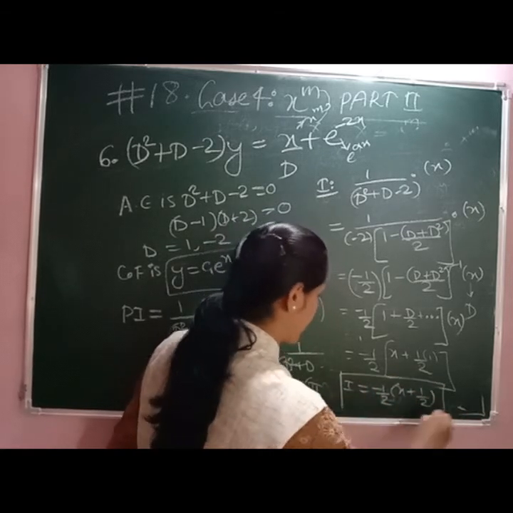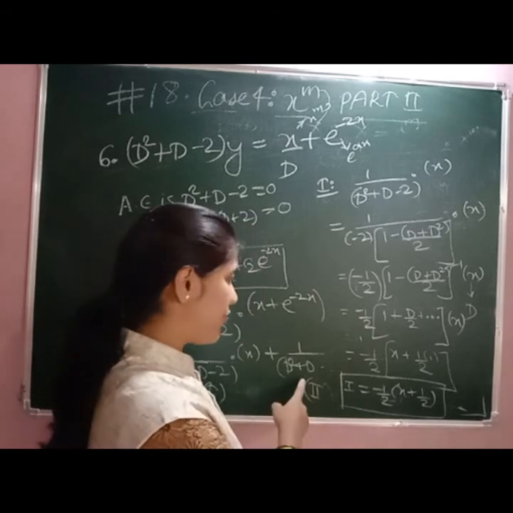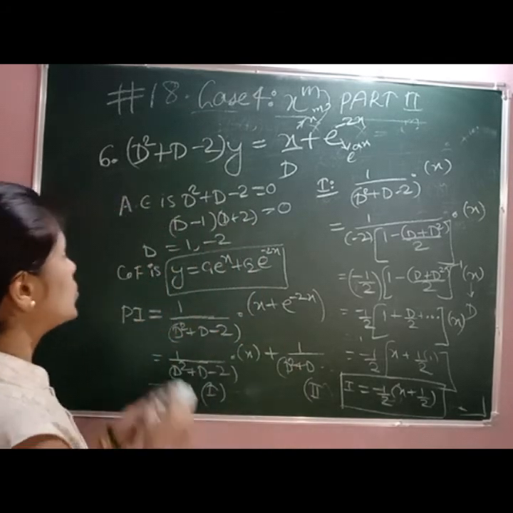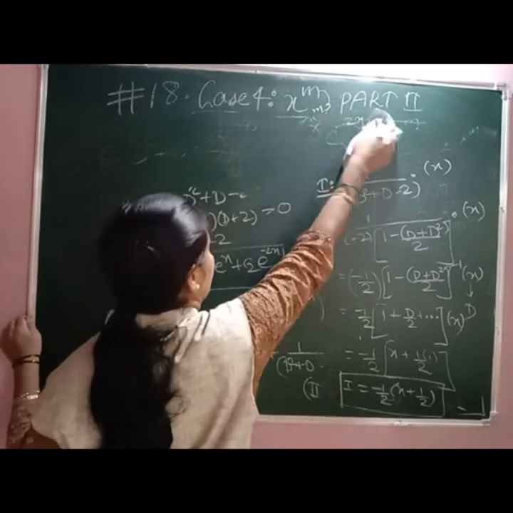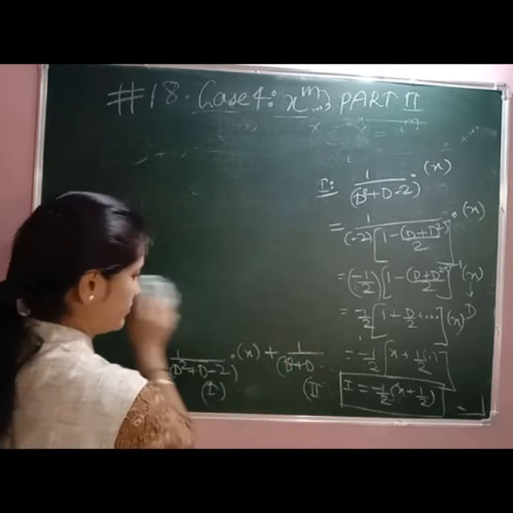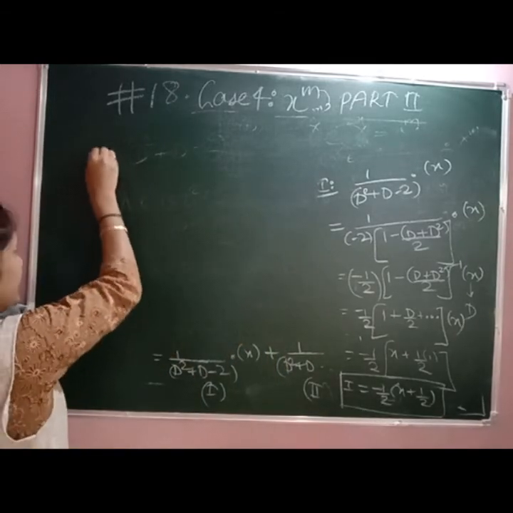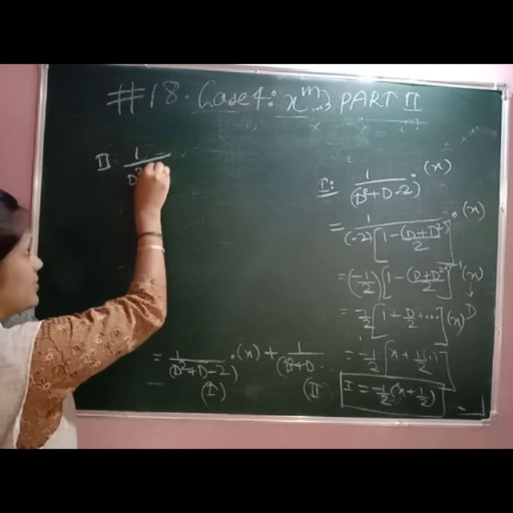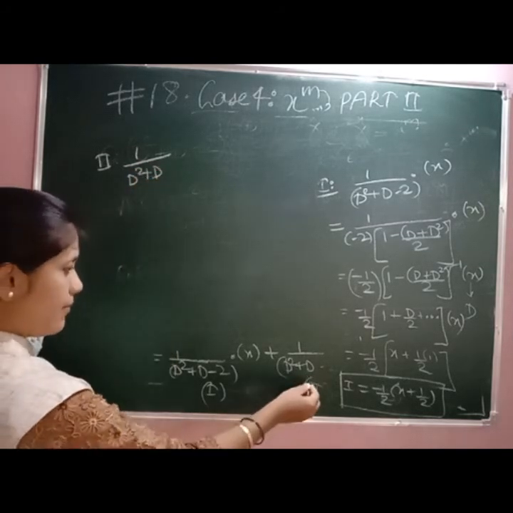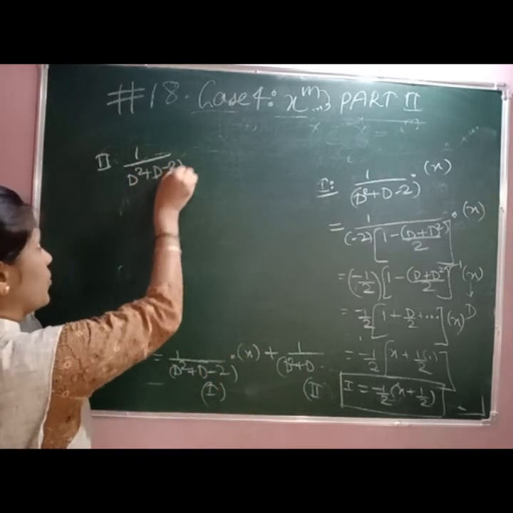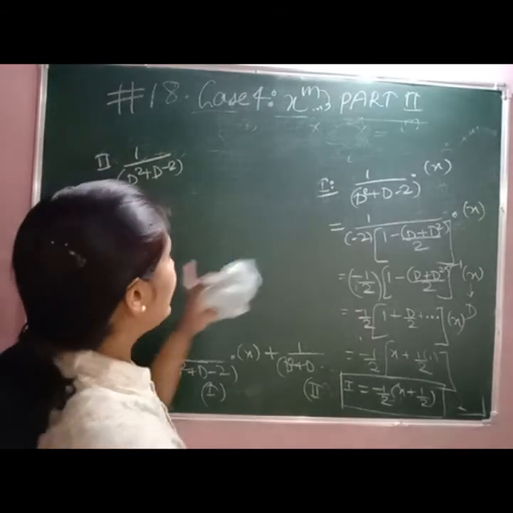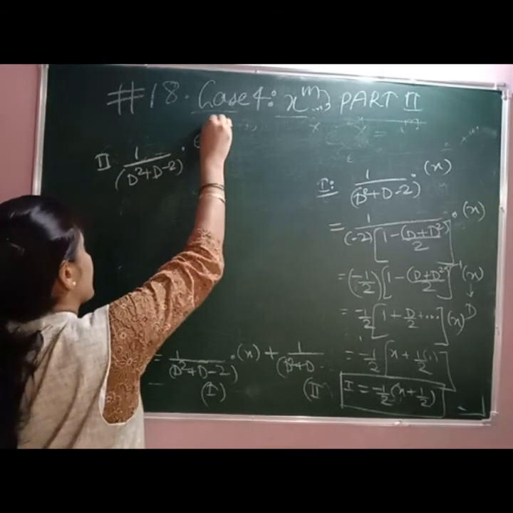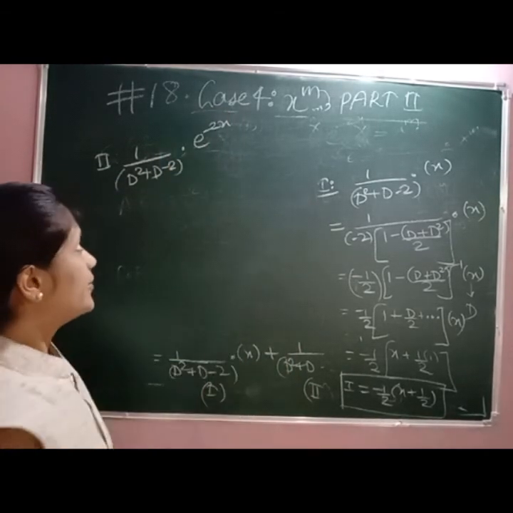Now let us find the second one. The second one is nothing but 1/(D² + D − 2) of e^(−2x).